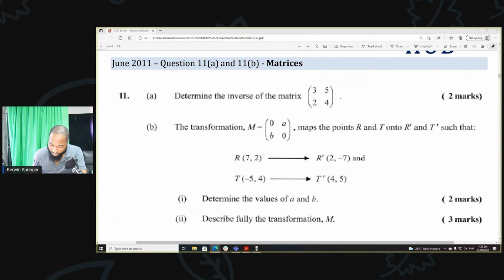Transformation M maps the point R and T onto this and that, such that this went to this. They're doing the same swap thing here. It switched this one and changed the sign, so we already know it's a repeat. So we already know that B is negative 1 and A is 1.